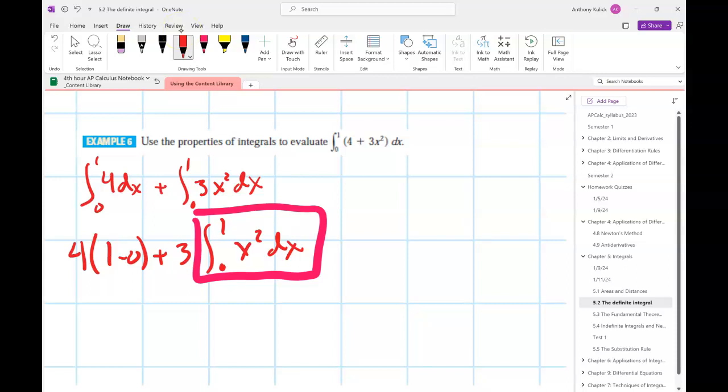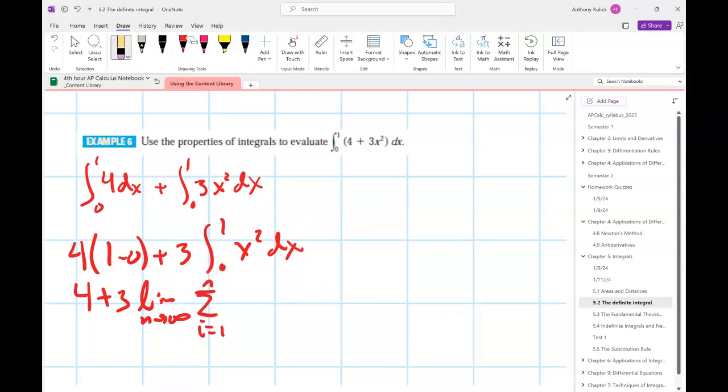And now this I have to do the long route and convert that into the limit of a Riemann sum. So I have 4 plus 3 limit as n goes to infinity, sum i equals 1 to n of xi squared delta x. Our delta x in this case, got to do that first, is 1 minus 0 over n, or 1 over n.